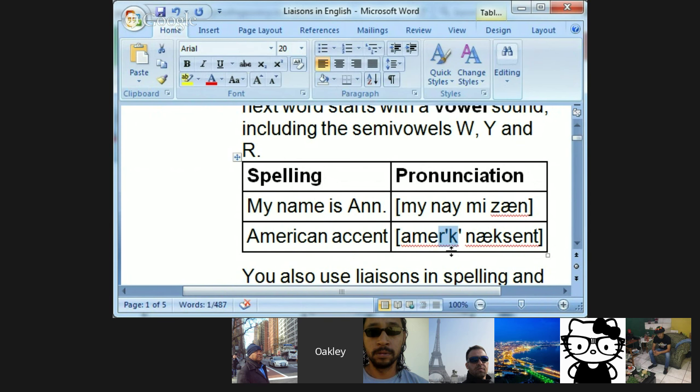American accent. Notice the second word. It sounds like it begins with the N. So it sounds like it starts with the N here. American accent. One more time, Marcus. American accent. There we go. Okay.